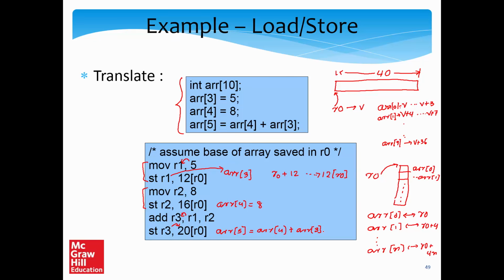In this case, the element is an integer and its size is 4 bytes. That's the reason that to go to the nth element, where we start counting from 0, the address is the starting address plus 4n. Once that is clear, we can write programs of this type to load and store values from different data structures in memory, the array being one, read them into registers, work on them, and write them back.